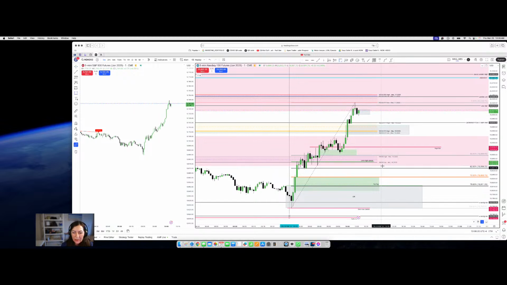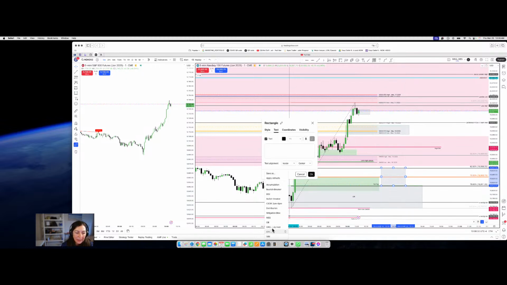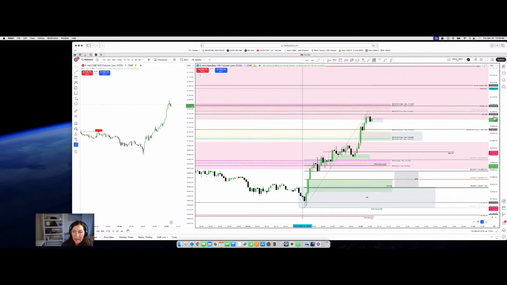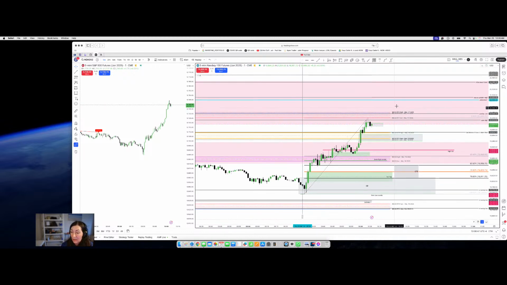We look at the 62 to 79%. This would be our OTE area right here. If price wanted to pull back, price could retrace to the 62 to 79% and then continue up. It doesn't have to. It could just continue moving on up.